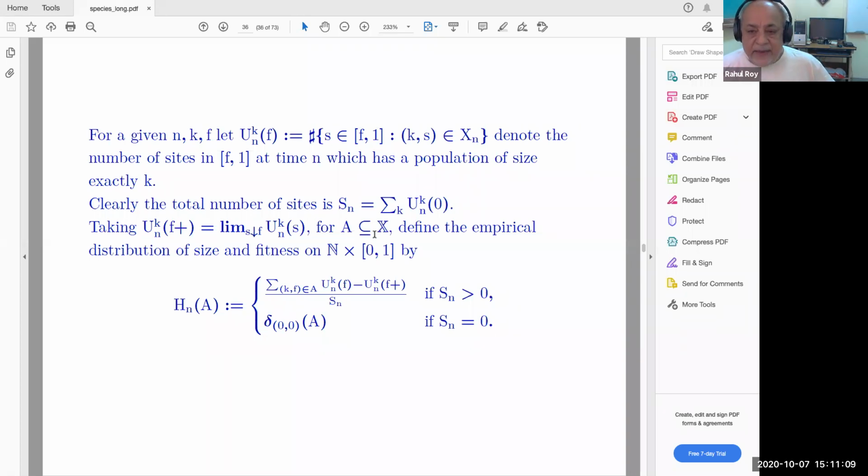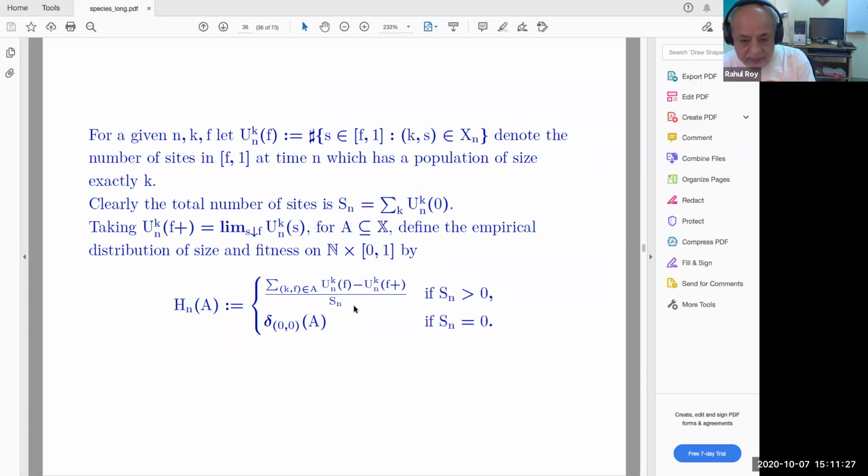Then for any A, we define the empirical distribution of size and fitness in this fashion, in exactly the same fashion as we did earlier.